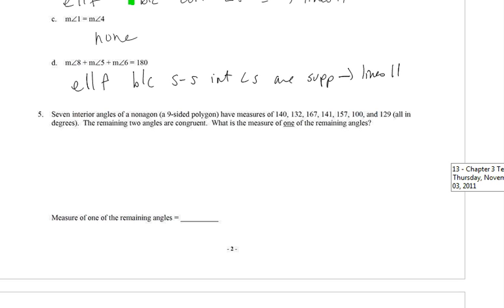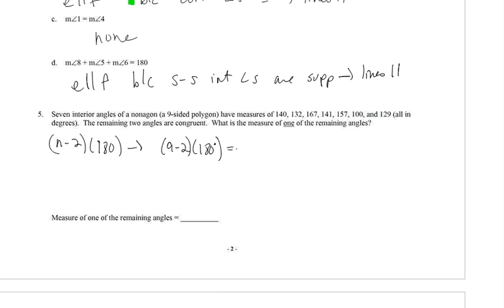Well, it would be really good to know what the sum of the measures of interior angles for a nonagon is. So hopefully this formula pops into your head: n minus 2 times 180. For this particular situation, our n is 9. There are 9 sides in this polygon. 9 minus 2 times 180 degrees.